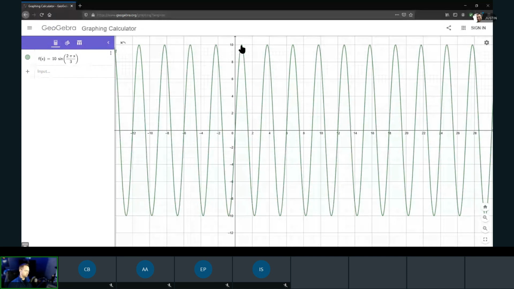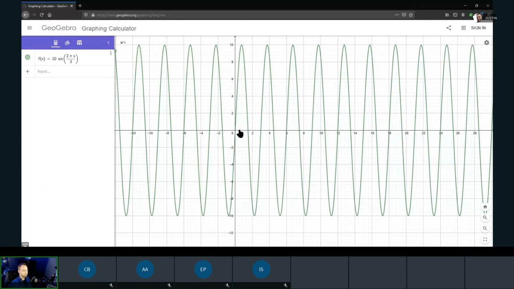That makes sense because there's a 10 in front of our sine function. So we go from 10 to negative 10. Starting at time equals 0, the x-axis would be time in seconds, and the y-axis is the distance from the midline.